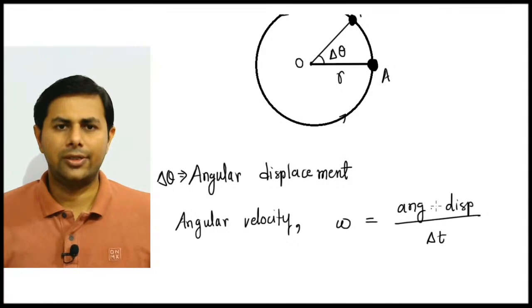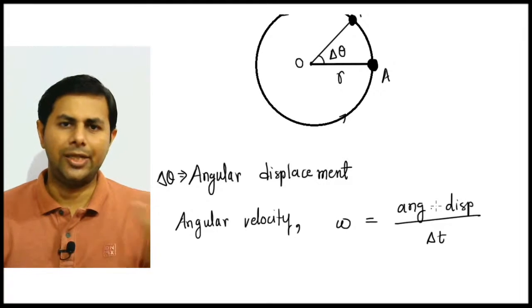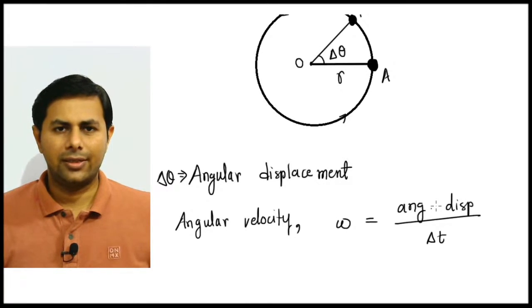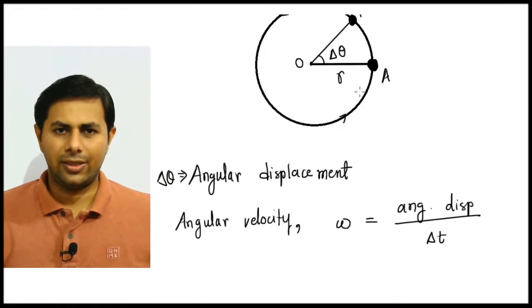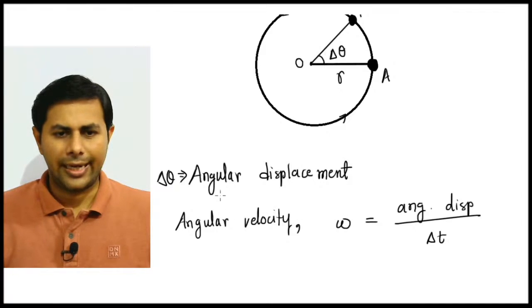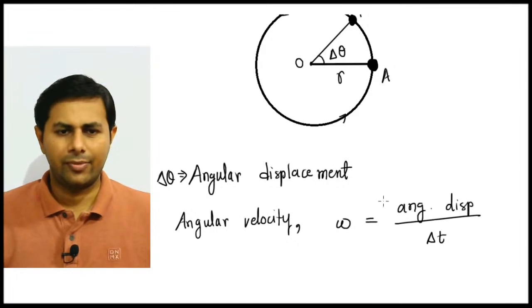Let's suppose the time taken by this object to move from A to B, that is, to perform an angular displacement of delta theta, is delta t. Then the angular velocity is given as angular displacement divided by the time.